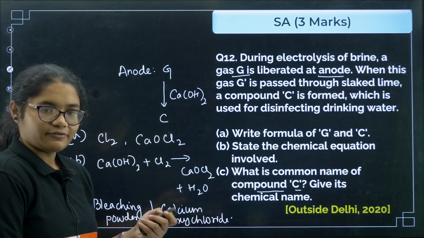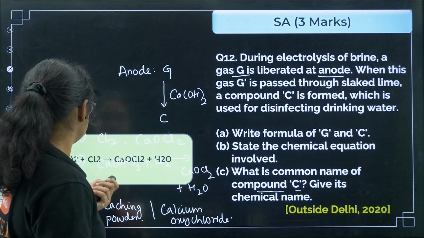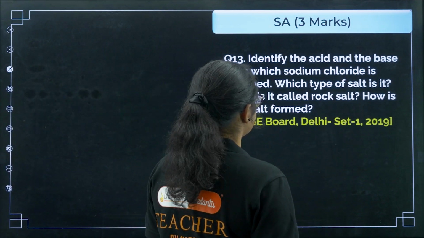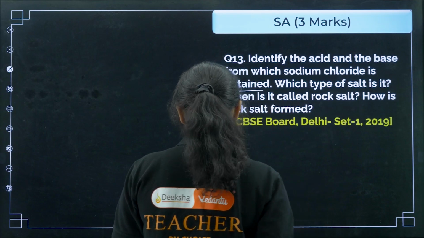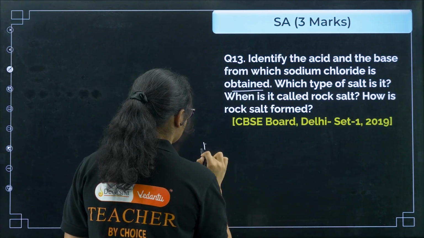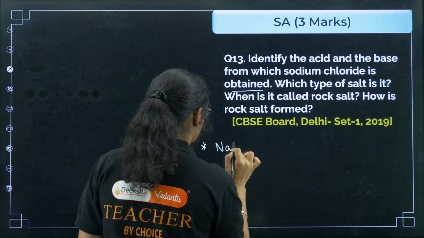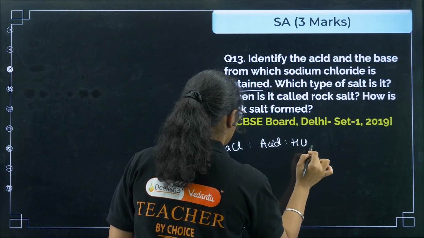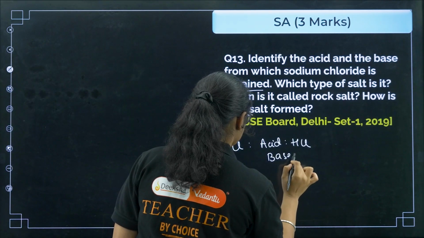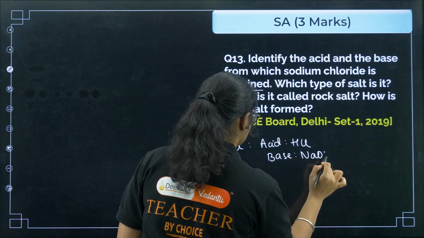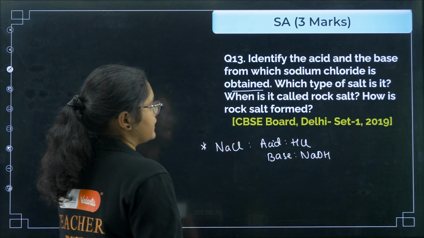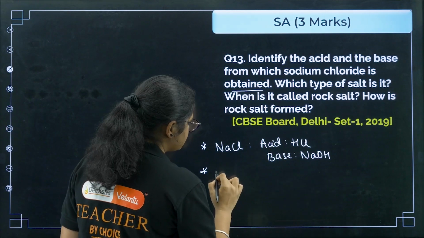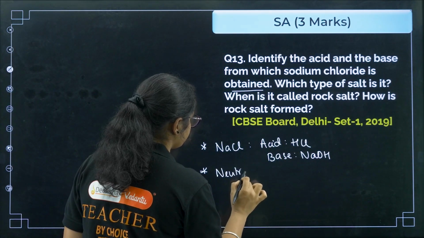Okay, fine. Let us see the next question here. Identify the acid and base from which sodium chloride is obtained. Very simple question. So in sodium chloride, the acid is HCl and base is NaOH. Next, which type of salt is it? Because it is made up of a strong acid and strong base, it is a neutral salt.